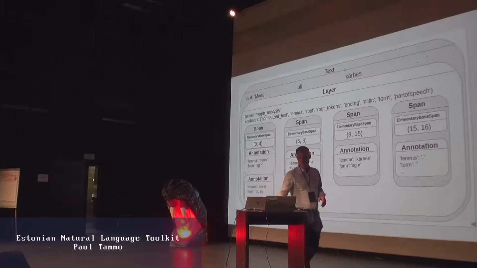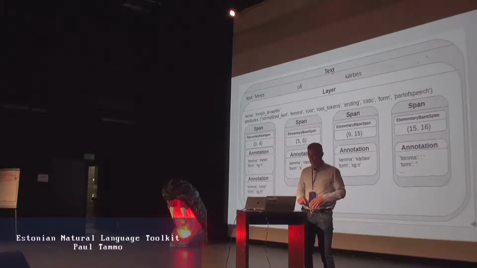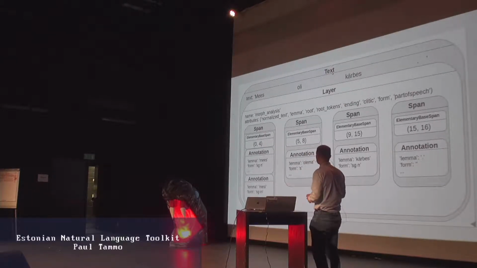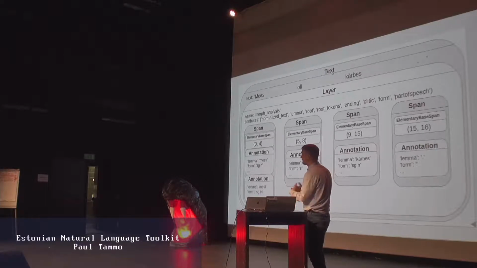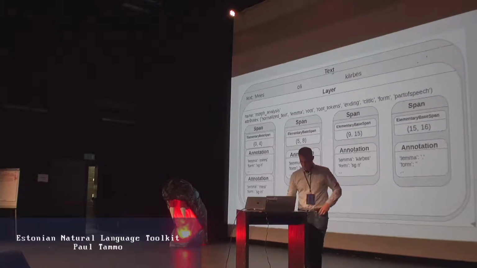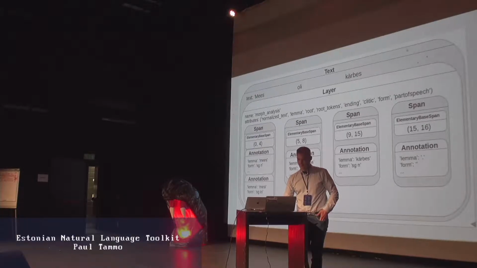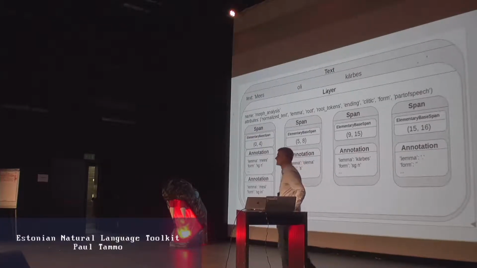Here is a simple text class, and the text class consists of basically two things. One is a text string. Here it is. Mees oli kärbes. You should understand what that sentence means.